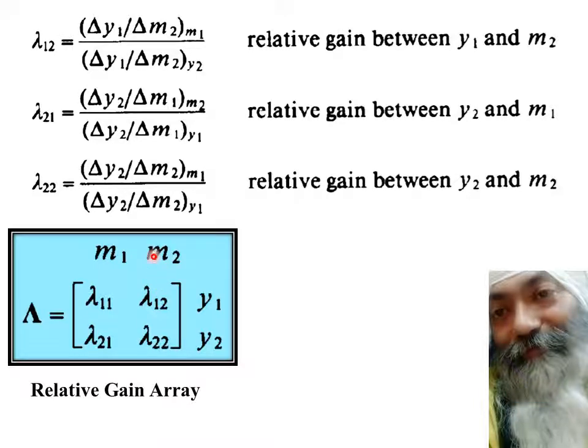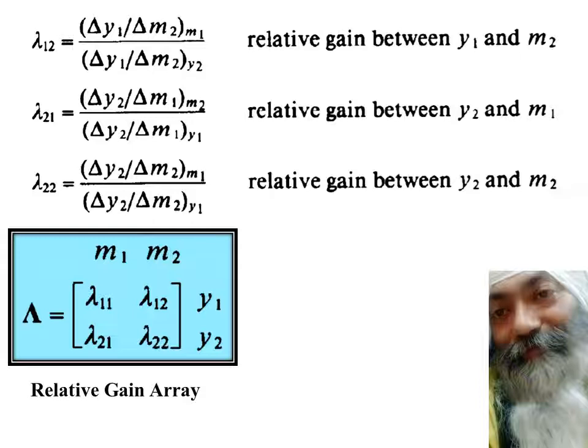So this is the relative gain when we choose this as delta y1 divided by delta m2, and this can be seen from here also. In first case, the other manipulated variable is kept constant, and in the denominator the other output is kept constant. So this is what we are going to do over here.